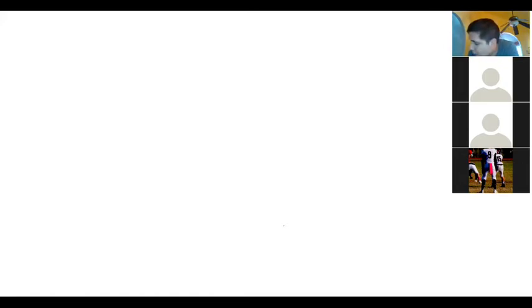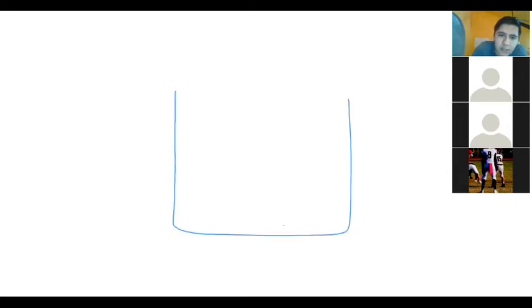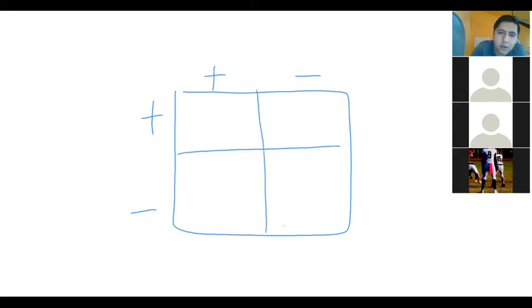So we have different rules when we're multiplying and dividing, right? Here's the way I always see it. When we're multiplying or dividing two positives, what should the answer be?